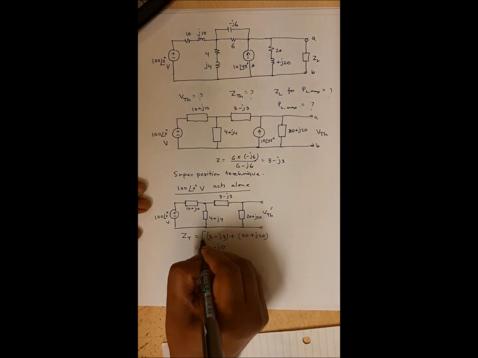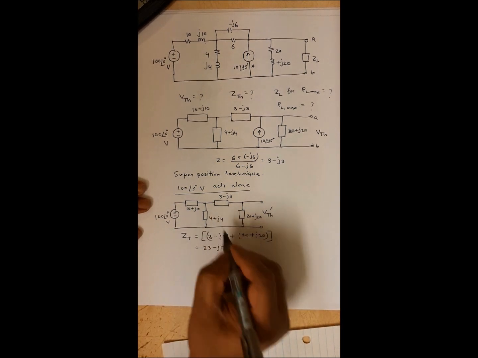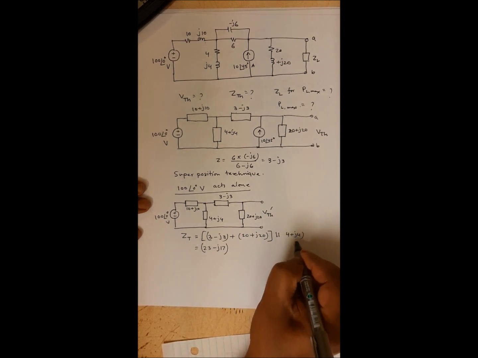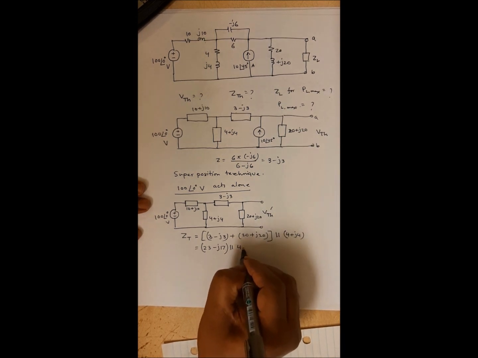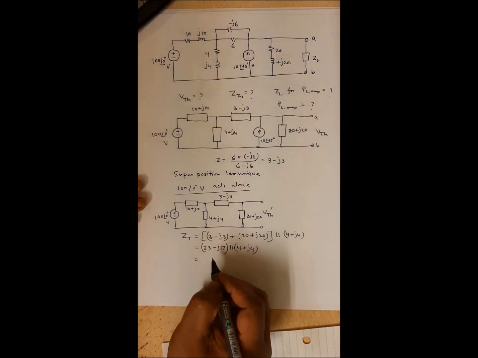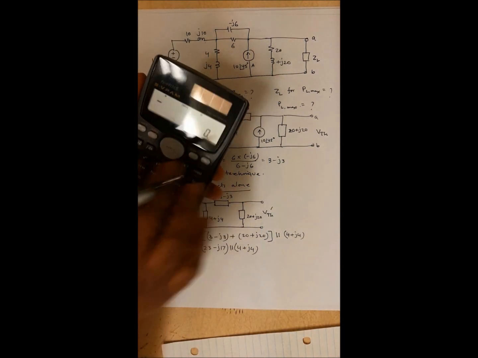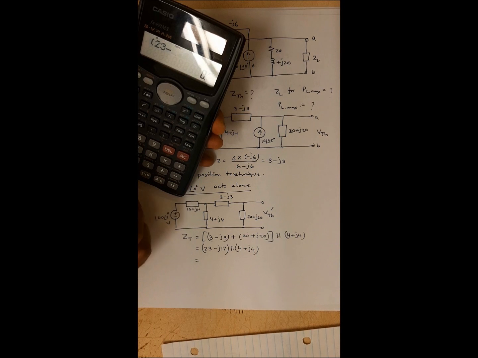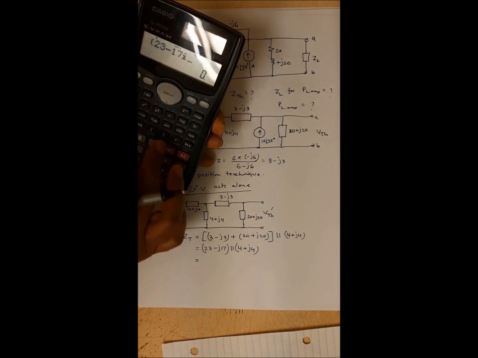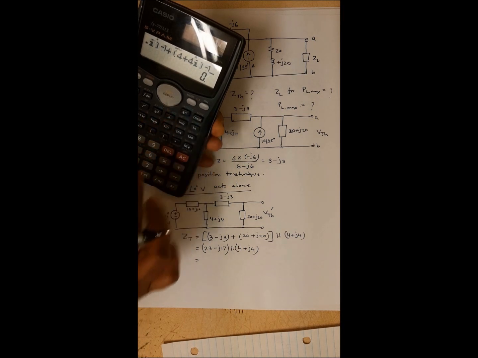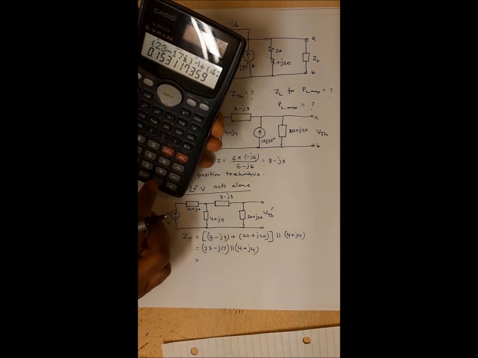And this will be in parallel with 4 plus J4. So you can do it this way: inverse of 23 plus J17 inverse plus 4 plus 4I inverse, then inverse again.